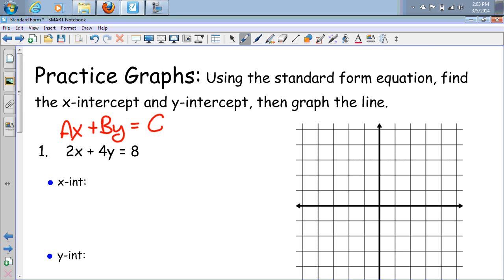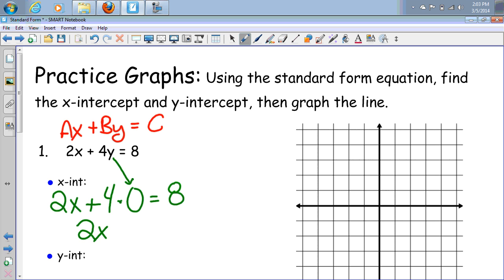So if I was trying to solve this, I would say 2x plus 4 times 0, because our y is going to equal 0, equals 8. Well, what's 0 times any number? It's just 0, right? So I could just say 2x equals 8. I don't need to say plus 0. Can I solve now for x?